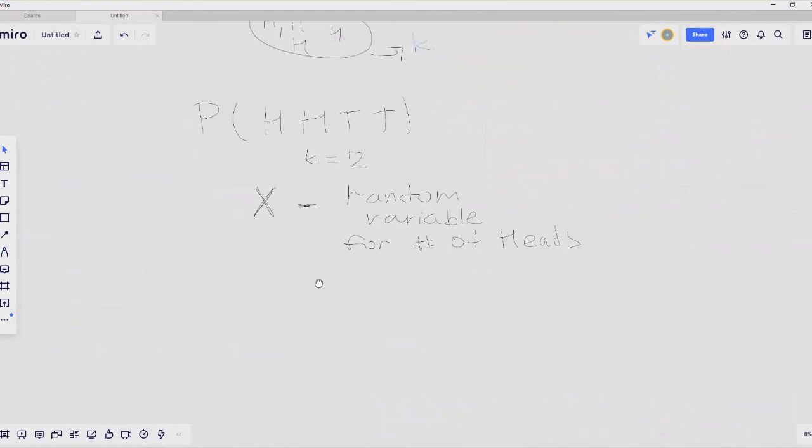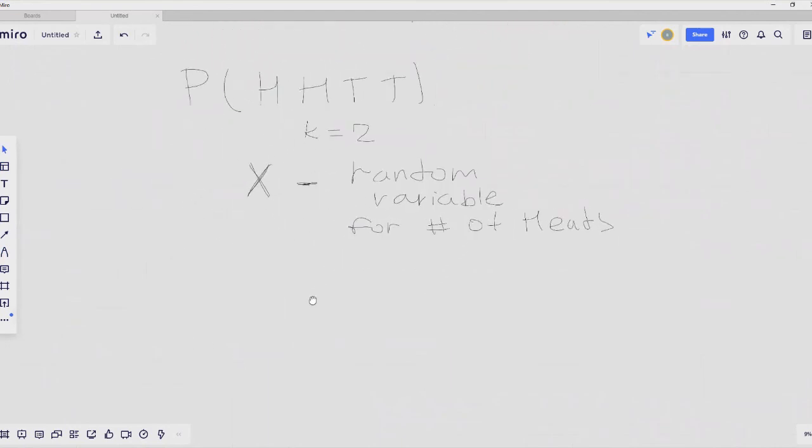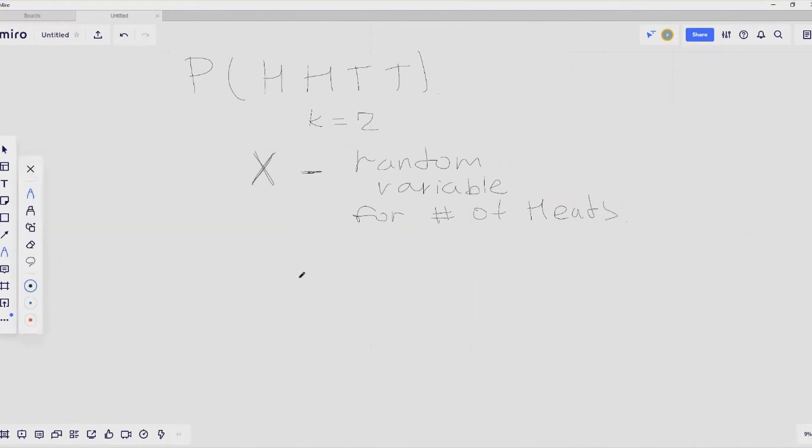Now let's take a look at PMF, probability mass function, of that random variable X. So probability that our random variable X is equal to, let me replace that small x with k.